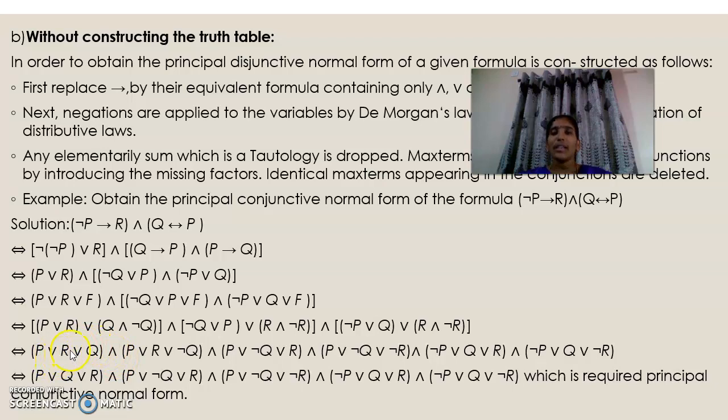The max term consists of the given statement variables with disjunction. So you have to observe whether there are any identical max terms. P or R or Q is one max term, so you write that directly.